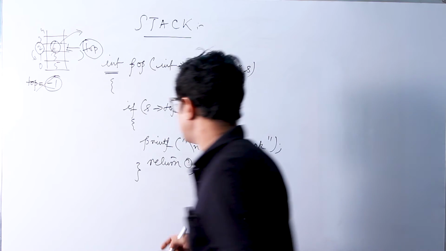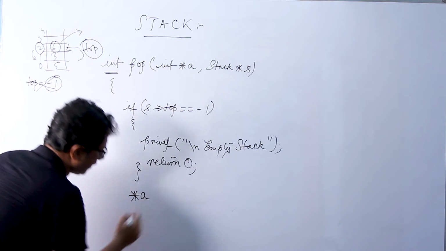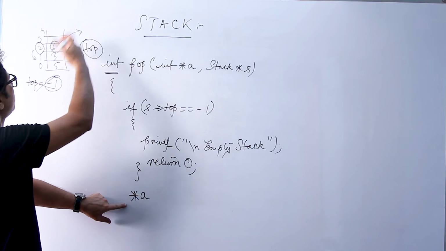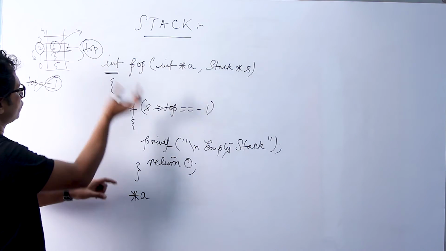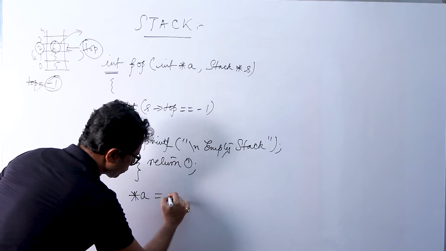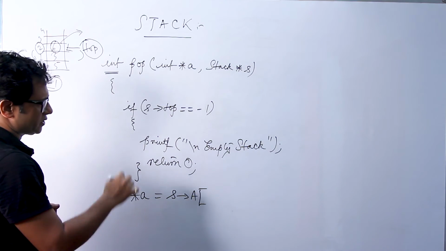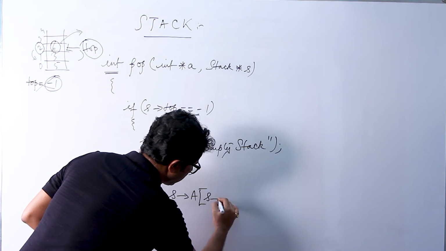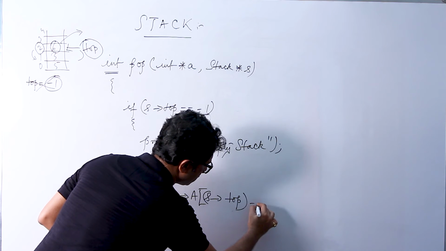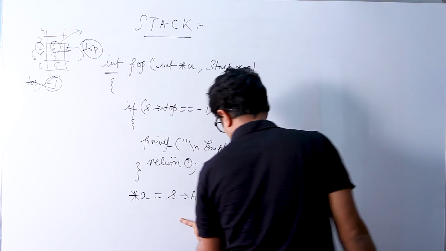So I will write that part of the code. Star a is the pointer variable in which we are going to store whatever we have popped out of the stack, that is, in this case, the 6. Star a is equal to s arrow a, s arrow top, minus minus. So this is the code. This one line of code is very powerful.